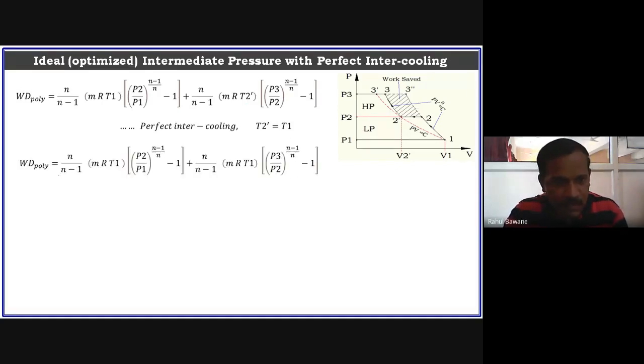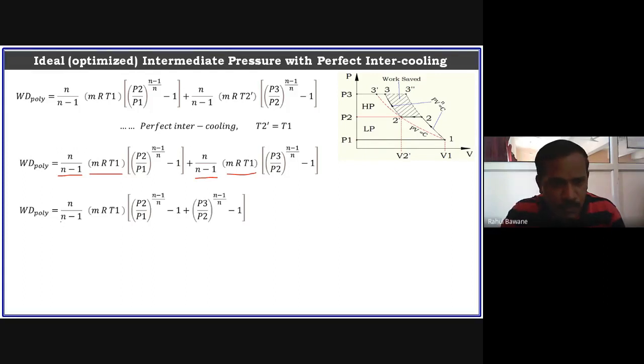Now here n upon n minus 1 is common, and mRT1 is again common because we replaced T2 dash. So if we take the common terms, n upon n minus 1 and mRT1, in the whole square bracket we remain with the pressure ratio in stage 1 minus 1, plus the pressure ratio in stage 2 minus 1.